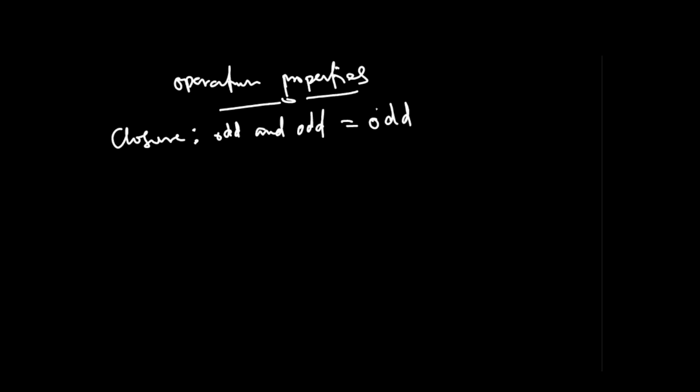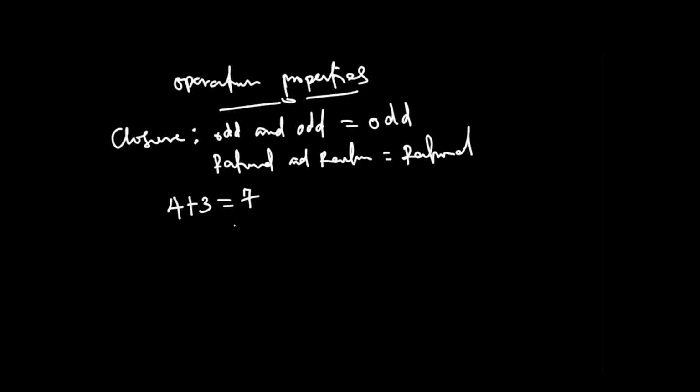If I combine rational number and rational number and my result is still rational, then I can conclude that such operation is closed. Let's give an example. If I had 4 and 3 together, they are whole numbers, right? So odd numbers, if I add 2 odd numbers together, I will get an odd number. So for that reason, odd number is closed.